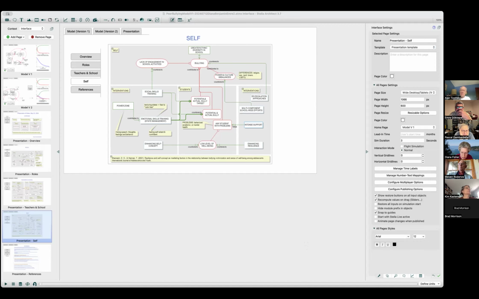Flesh out characteristics that impact potential bullies to become active bullies. That would come from the self section of the diagram that we looked at before. It probably needs to be expanded eventually, but it's good enough.